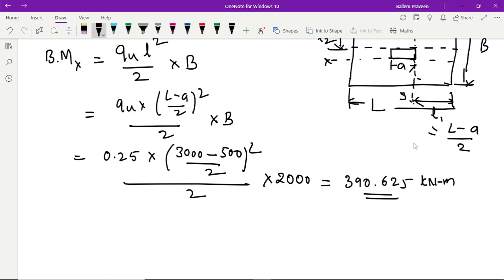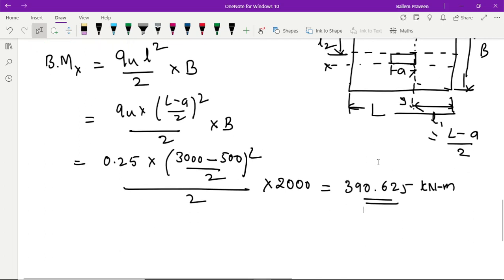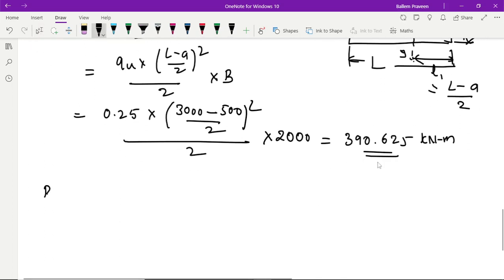Okay, understood. Now, so this is about x direction. Now let us calculate the moment about y direction.